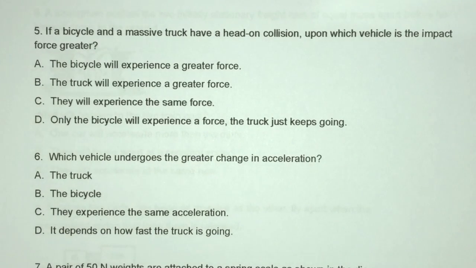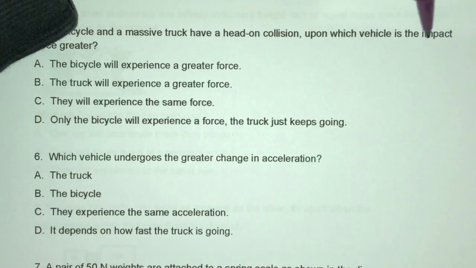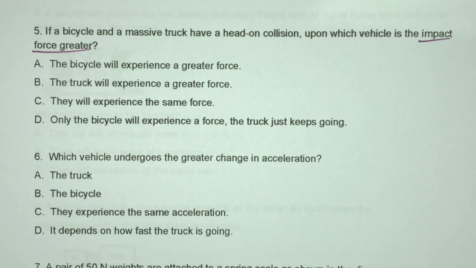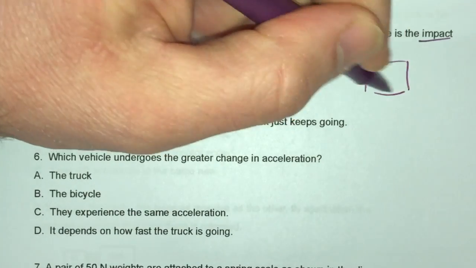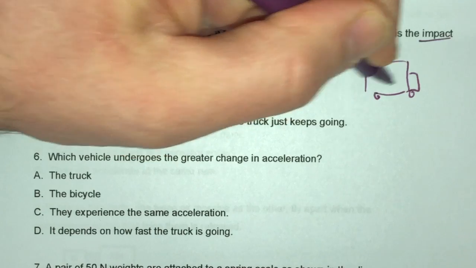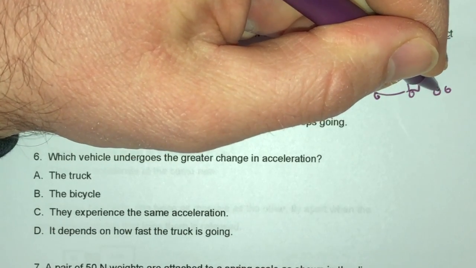If a bicycle and a massive truck have a head-on collision, upon which vehicle is the impact force greater? Okay, the impact force, again, is going to be the same. You have your truck and you have your bicycle.